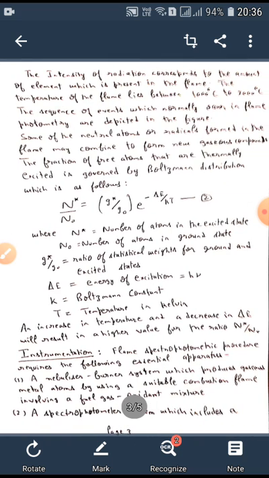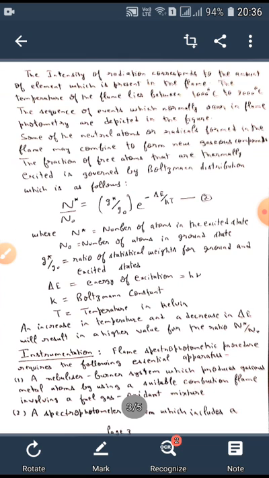The intensity of the radiation corresponds to the amount of element which is present in the flame. The temperature of the flame lies somewhere between 1000 degrees centigrade to 2000 degrees centigrade.